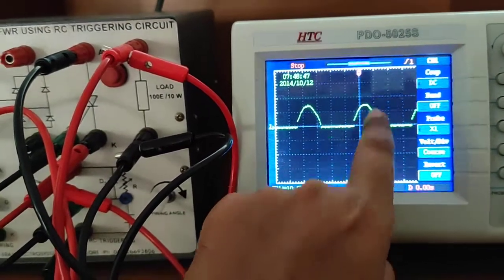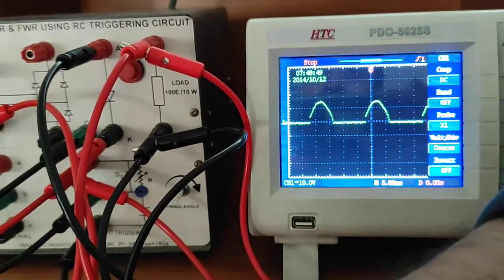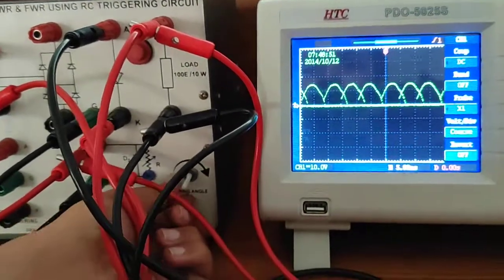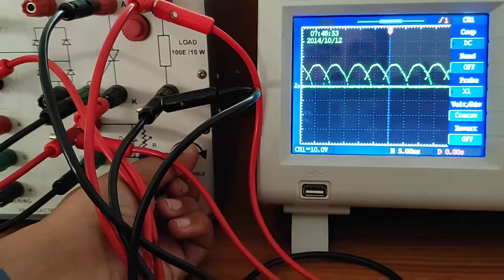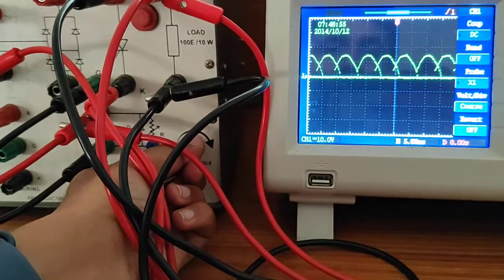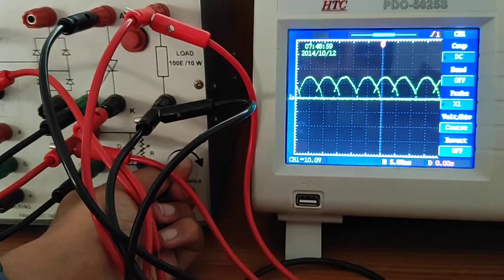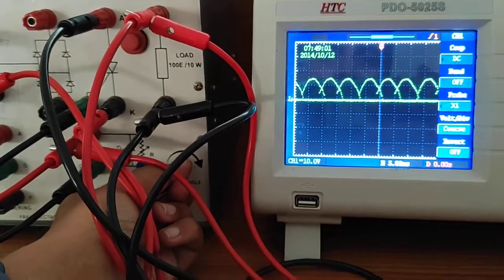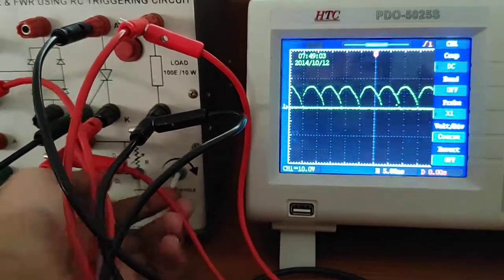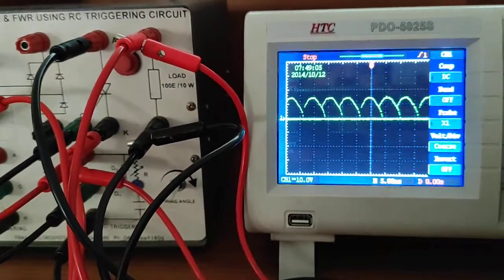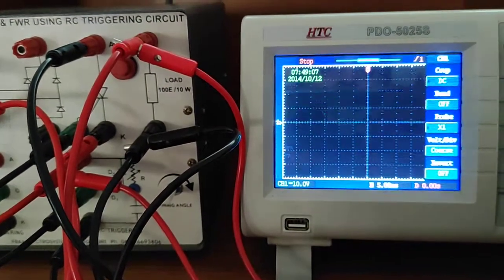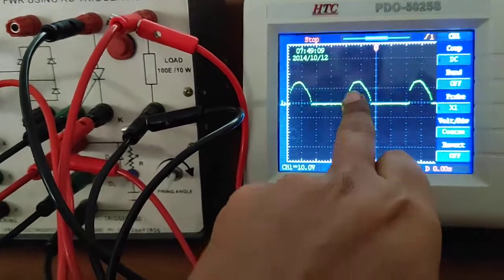Okay. So if we want to control from 0 to 120 degrees, I am turning this knob. You can observe the change in the output waveform clearly.